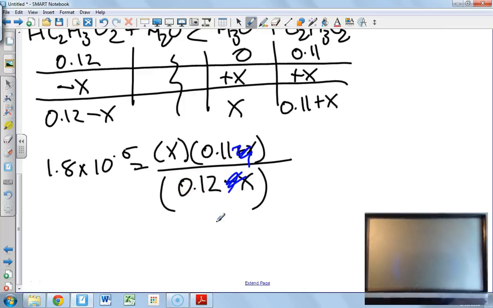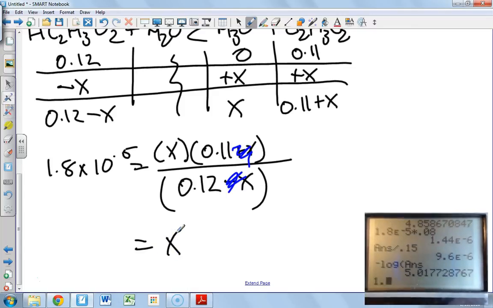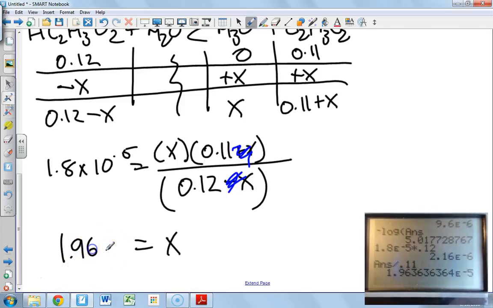Because it's a slightly different ratio, we get a different pH. That ratio is the thing that controls the pH. So when we do this, we get 1.8 times 10 to the minus 5 times 0.12 divided by 0.11. Okay, we get 1.96 times 10 to the minus 5.